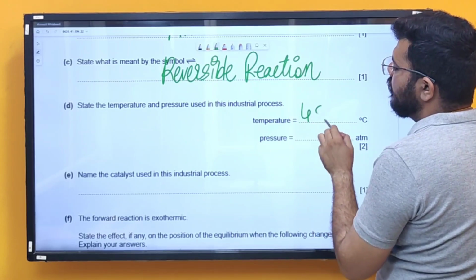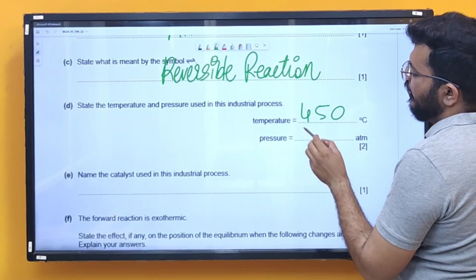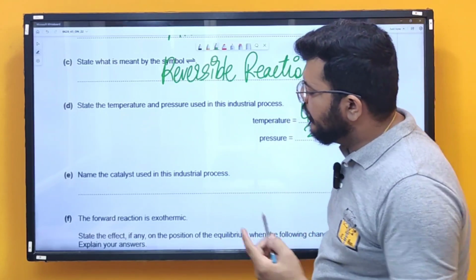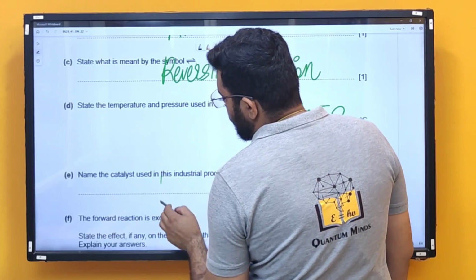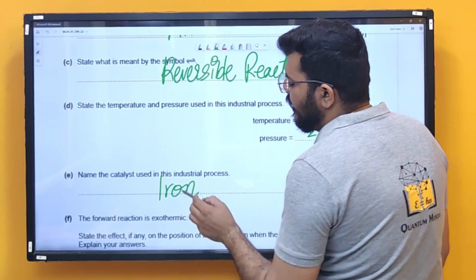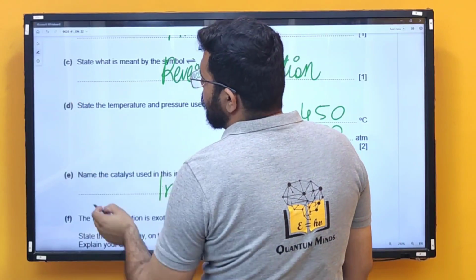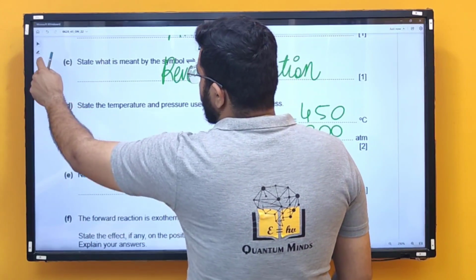We use 450 degrees Celsius temperature and 200 atmospheres of pressure. Name the catalyst used in this industrial process. Iron. Again, do not write the formula, write the name. Iron is used in this industrial process.